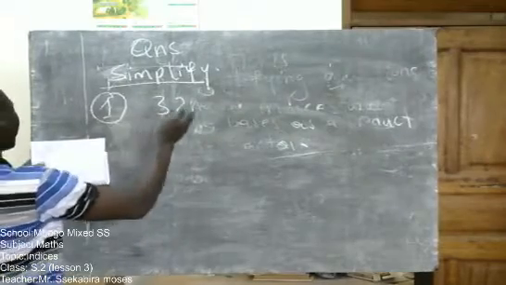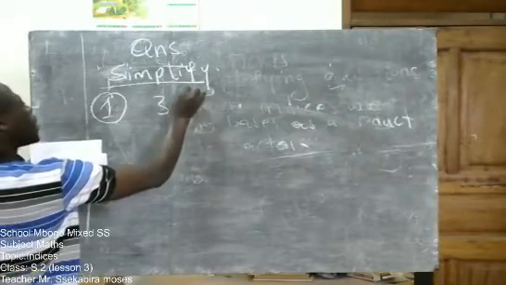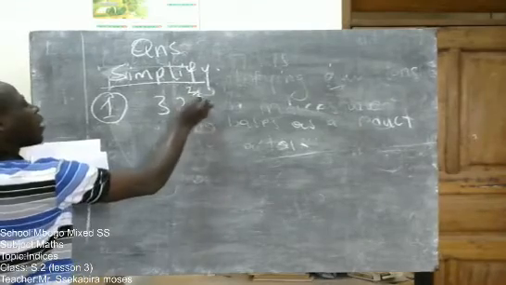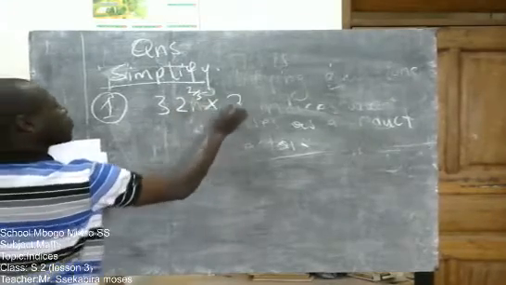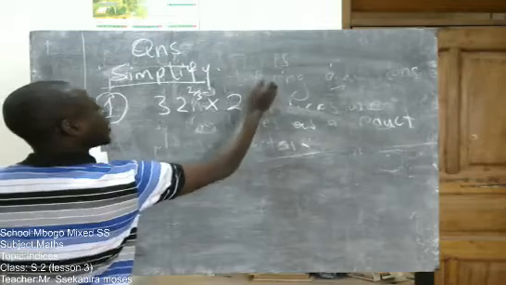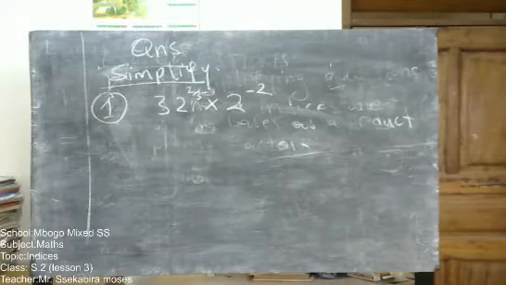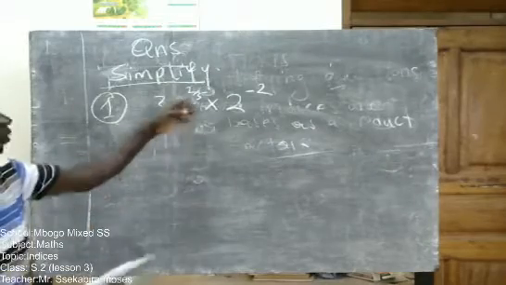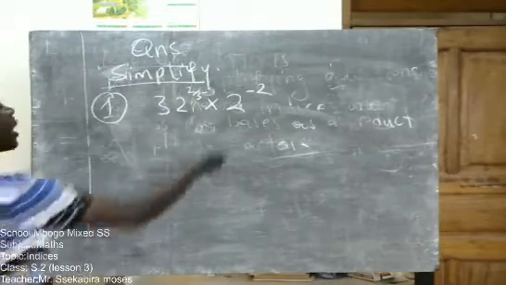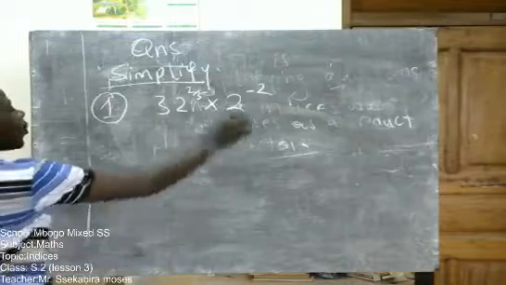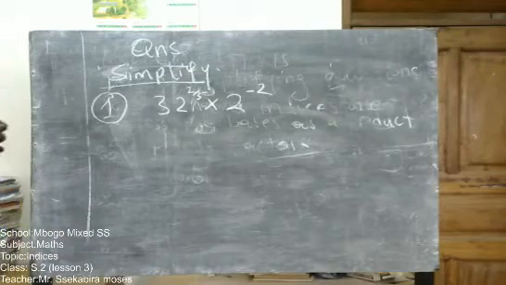Question one, it is simplify 32 to power 2 over 5 times 2 to power -2. Here we are dealing with indices.